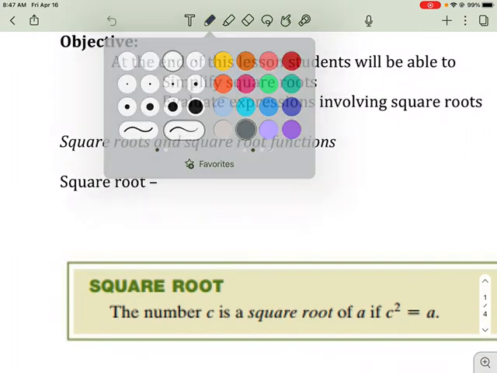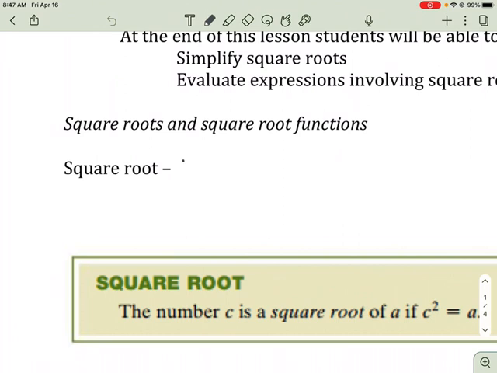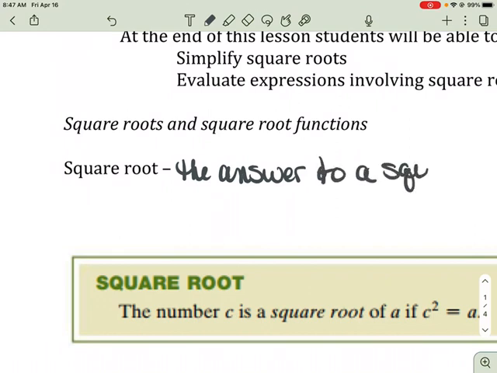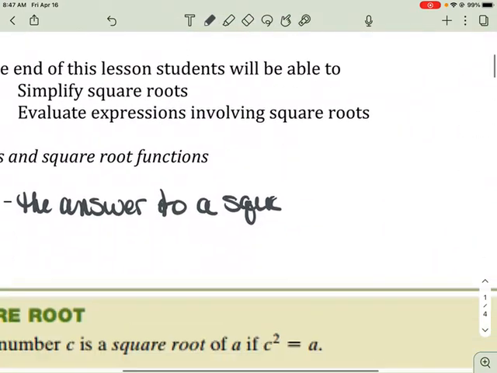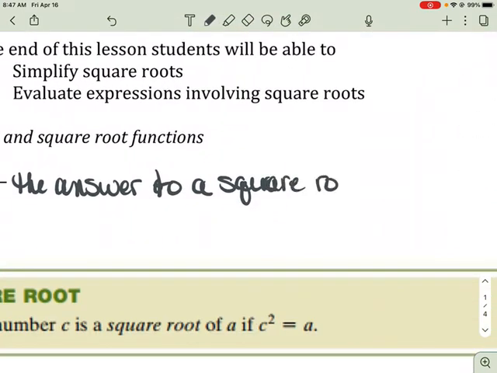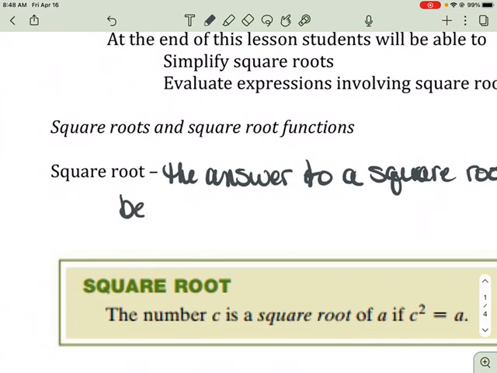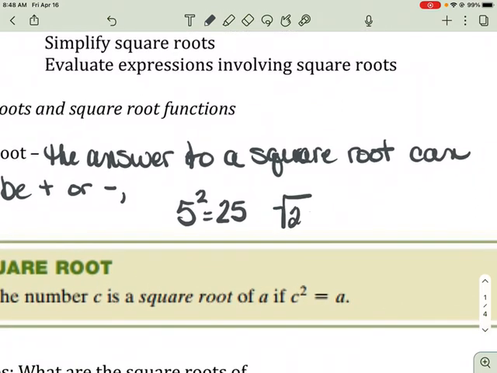We need to remember, from previous math discussions, that a square root comes from a number times itself. So the answer to a square root can be positive or negative. 5 squared is 25, so the square root of 25 is 5.